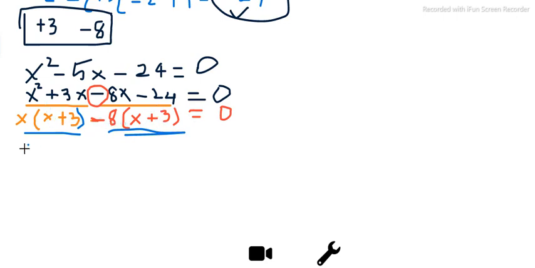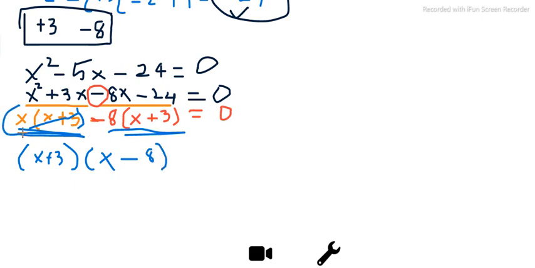So we bring out that x plus 3 that is inside the bracket. When you remove x plus 3 from here, it remains only x. So the second bracket will now be x. In the second one, we have also removed x plus 3. We are left with minus 8. So you are taking this and this, that will be your second bracket. Do you understand that? Equals to 0.